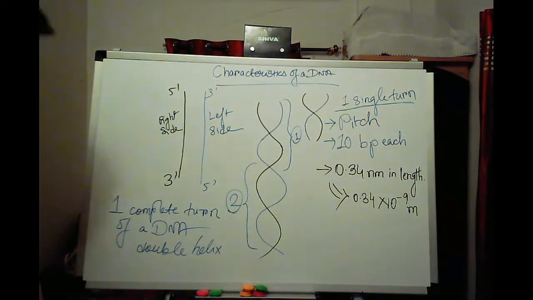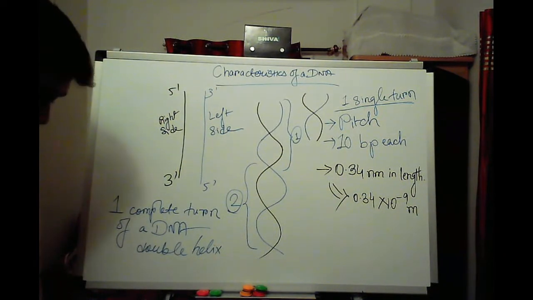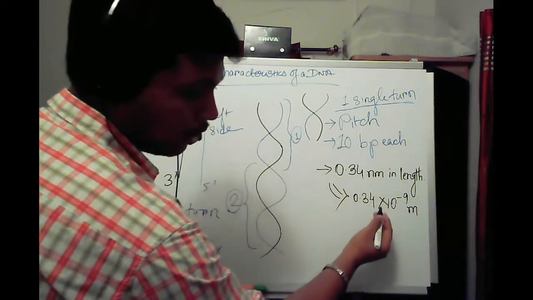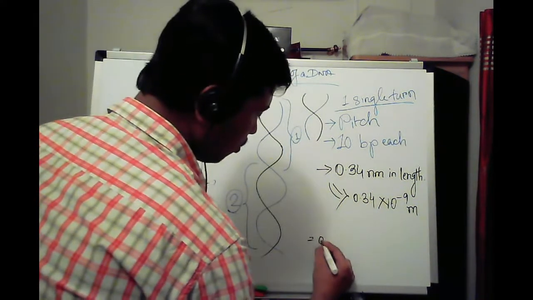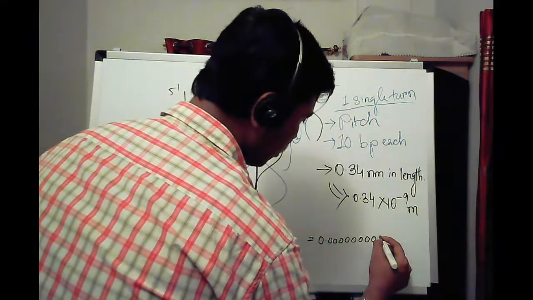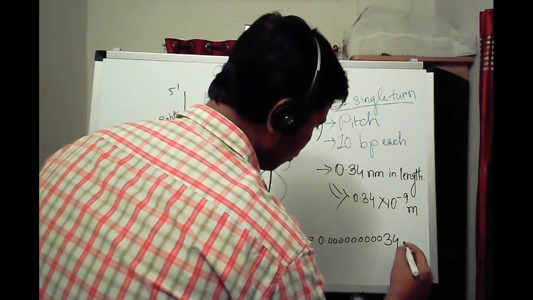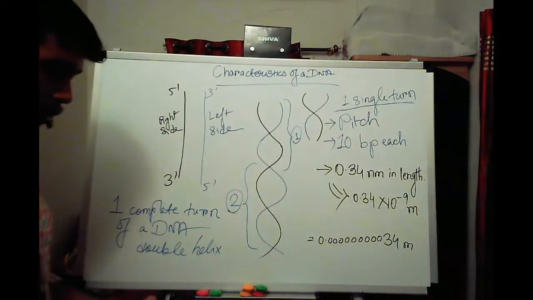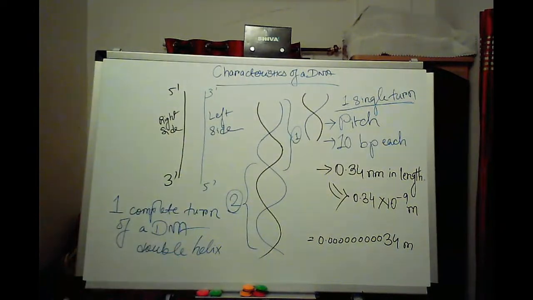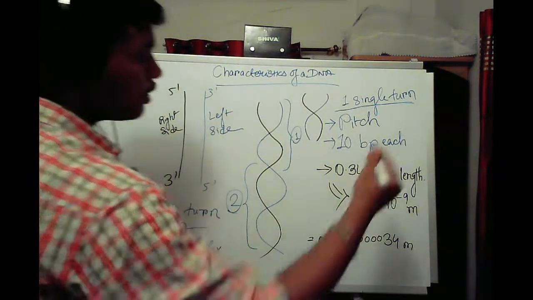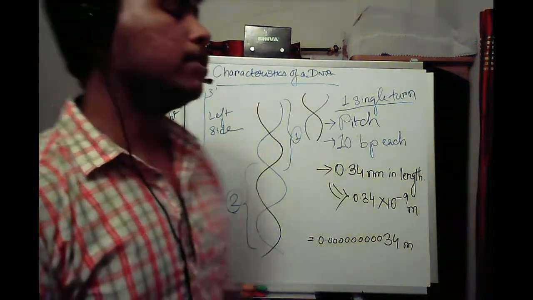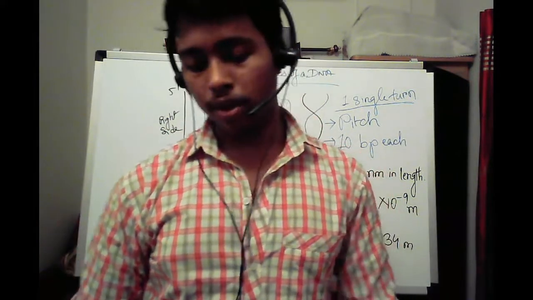You have to add 9 zeros after the point and then you get 34. So it is a very small value, but it consists of 10 base pairs. What are base pairs? The nitrogenous bases pairing with each other: adenine, guanine, adenine, thymine, cytosine, guanine, adenine, uracil.